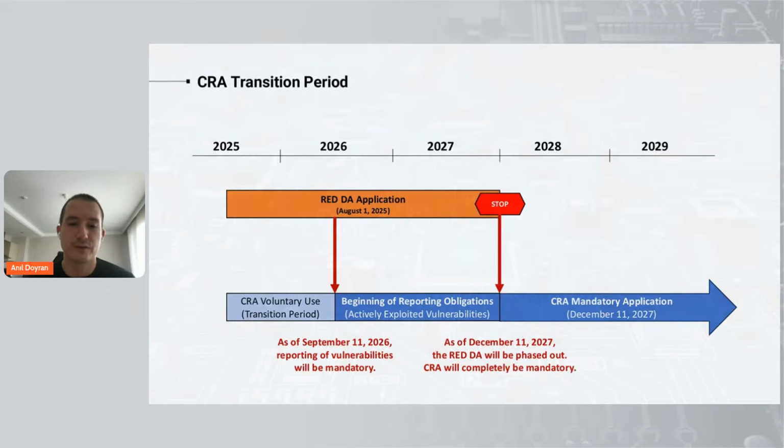In 2027, RED DA will be fully replaced by CRA. But please keep in mind that one year before, in 2026, reporting of vulnerabilities will be mandatory. Therefore, manufacturers must be ready to report vulnerabilities in 24 hours.